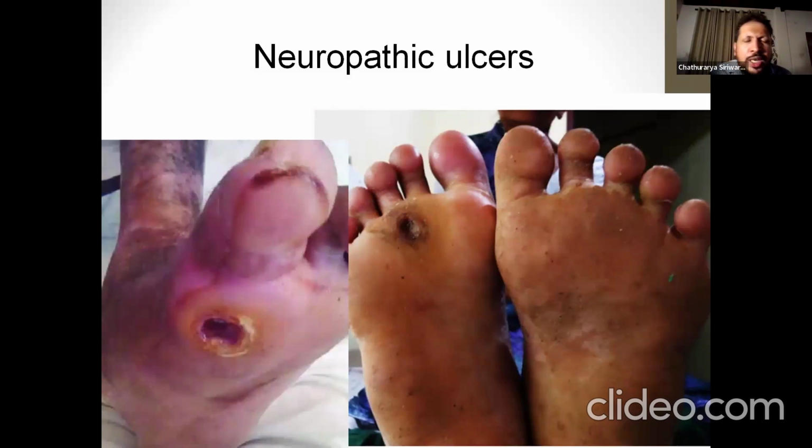So in your practice, if you come across a diabetic patient, relatively young, had diabetes just for 1 or 2 years, but reasonably controlled, no other complications of diabetes, coming with a neuropathic ulcer, just be certain it's due to diabetes and not due to leprosy, because both can coexist, and we have seen that happening sometimes. So just because you get a neuropathic ulcer in a diabetic, it might not always be diabetes, right?